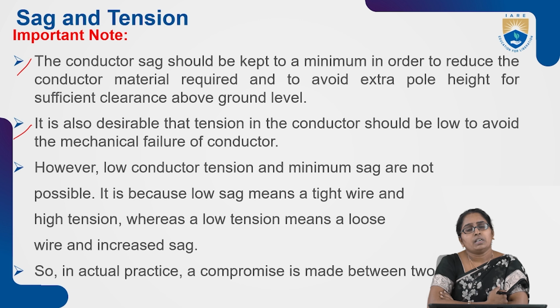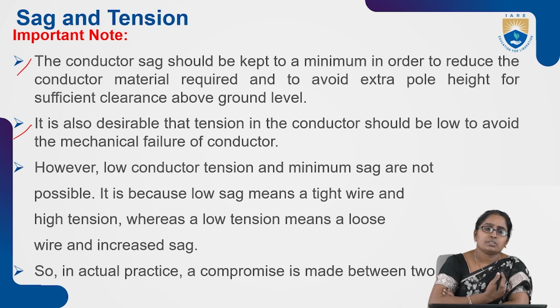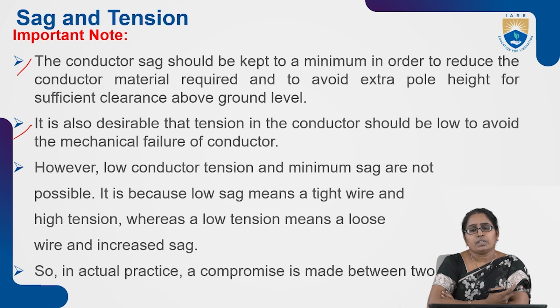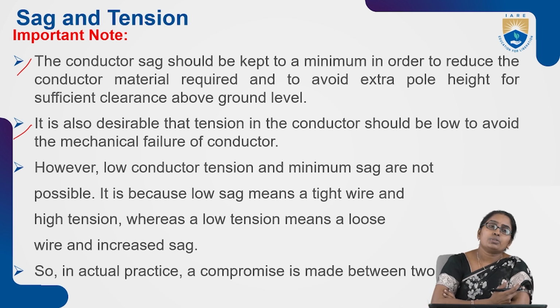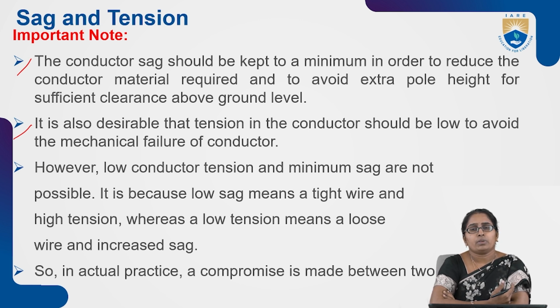We know that when a conductor is suspended between electric poles, it is under some pressure that is called tension. This tension depends on various factors we have just seen: weight of the conductor, effect of wind, ice, and temperature variation. So we need to keep the tension low so that we can avoid mechanical failure of the conductor.